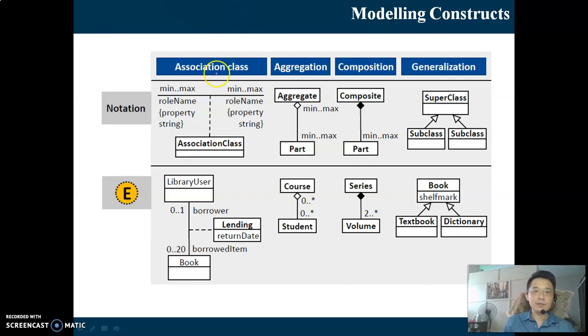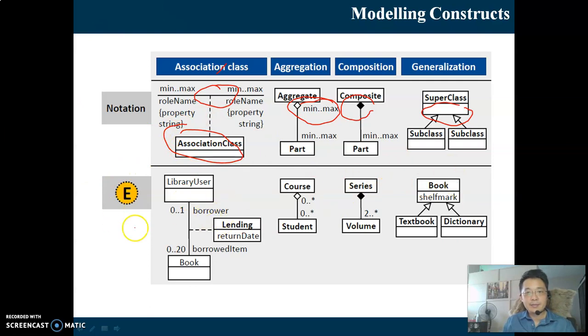We have association class, which defines the property of the association. We have aggregation relationship, we have composite relationship, we have generalization relationship for indicating subclasses of a superclass. Let's look at example to make sense of them.